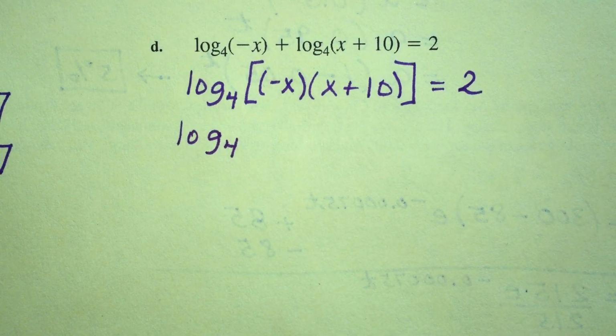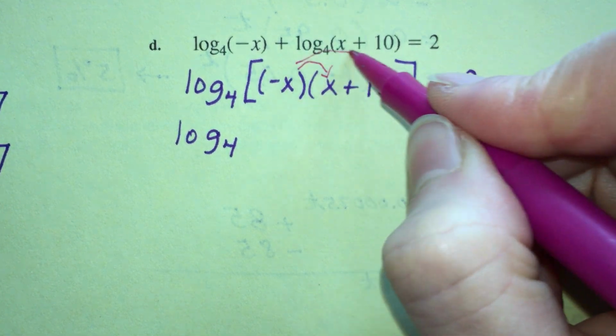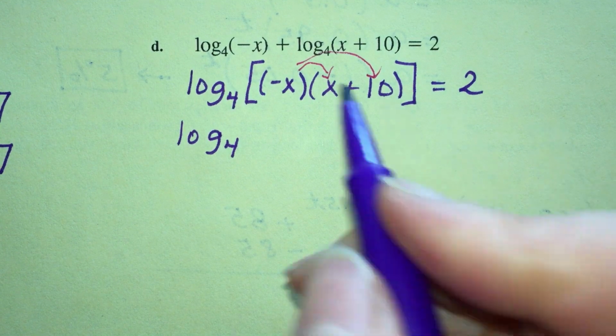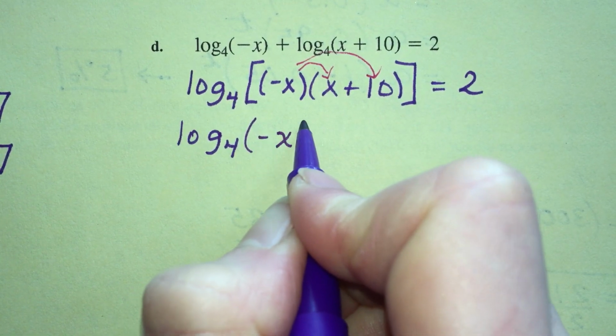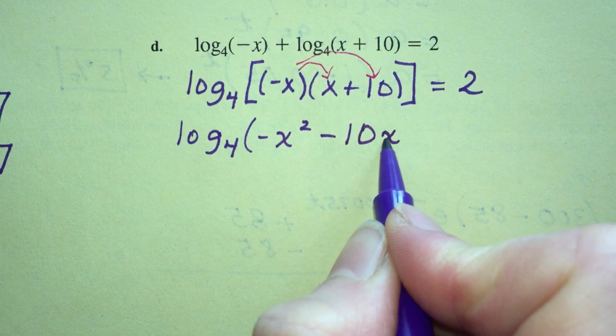Let's distribute right here. So negative x times x, and then negative x times 10. Negative x times x is going to give us negative x squared. Negative x times 10 is minus 10x.